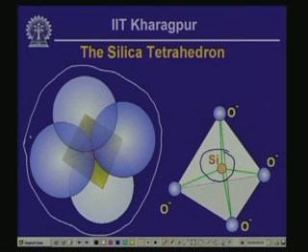Now, what we got here, you can see that the silicon atom is at the center. This is the silicon, and then much larger oxygen ions are shown like this.